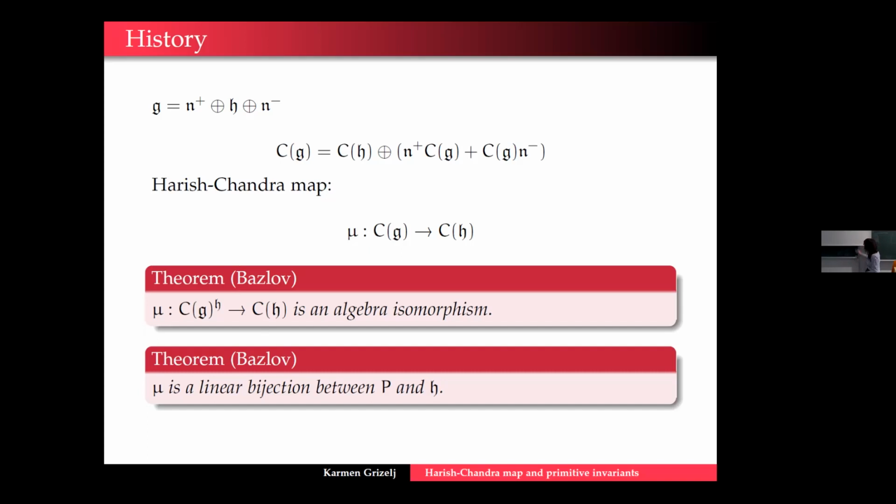This is a bit the old parts were Kostant and Samelson, and now this part is where Baslov was using Kostant's results I mentioned.